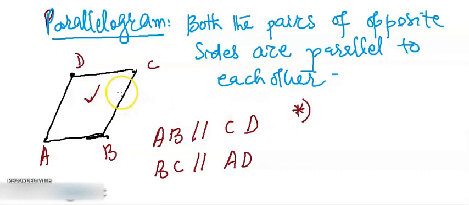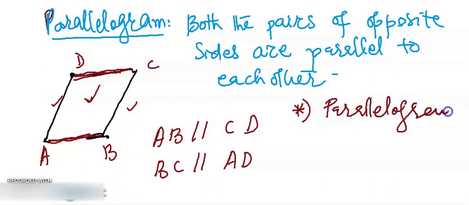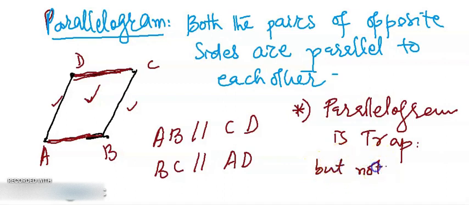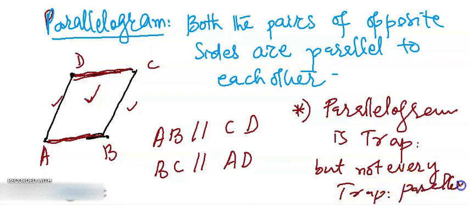Additionally we have the other. So if you have a parallelogram, since one pair of opposite sides is already parallel, if we forget about the other two sides, then it becomes a trapezium, because we don't care about them. In a trapezium we need only one pair to be parallel, so it is already satisfied over here.